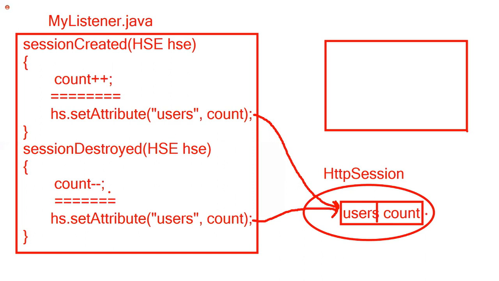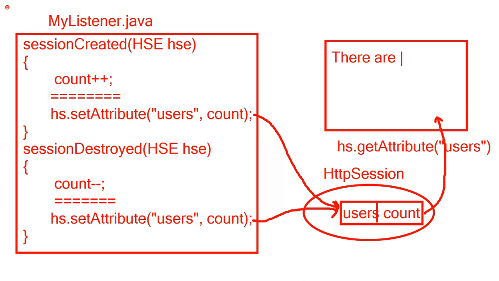Here get attribute. HS dot get attribute users, then we'll get the count. The count comes here.